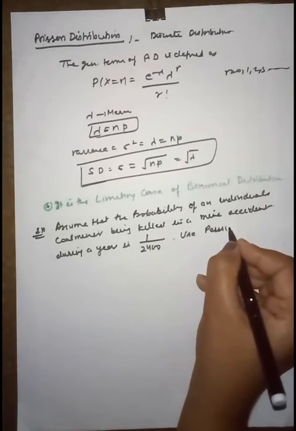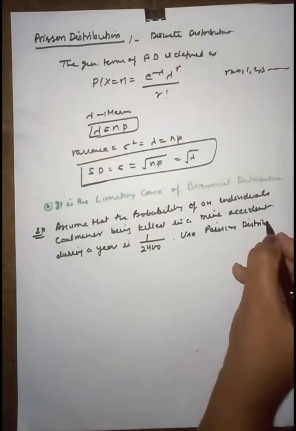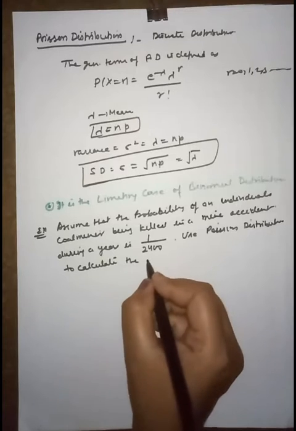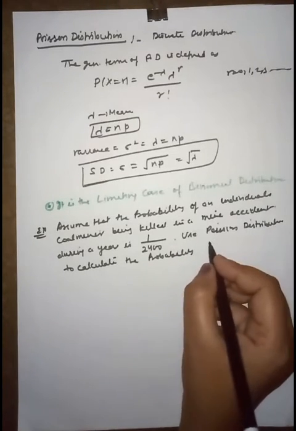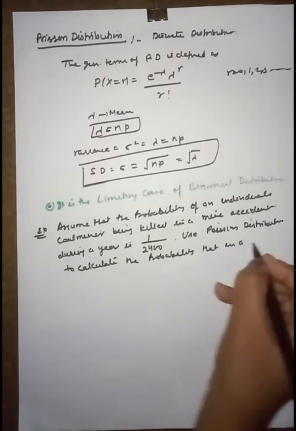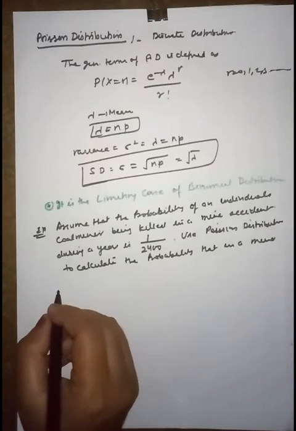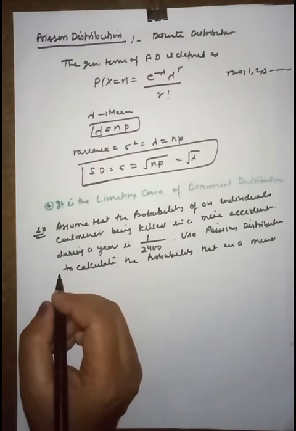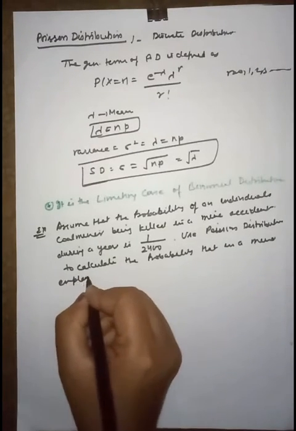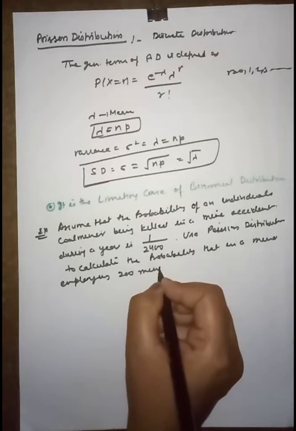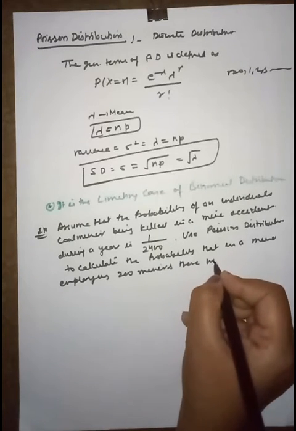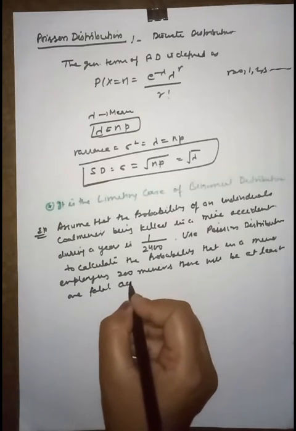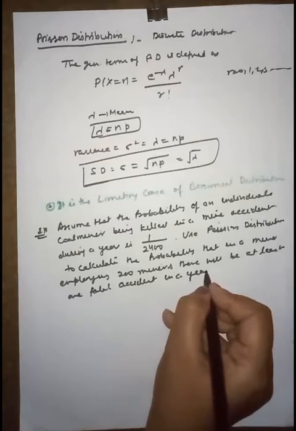Use the Poisson distribution to calculate the probability that in a mine employing 200 miners, there will be at least one fatal accident in a year.